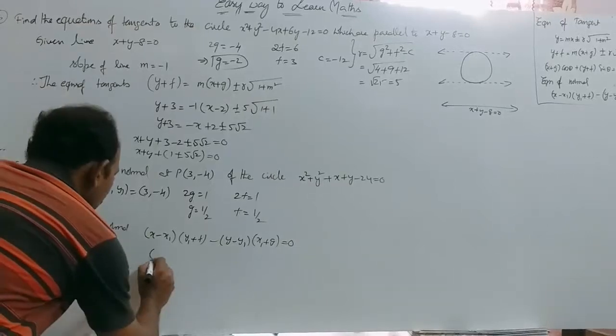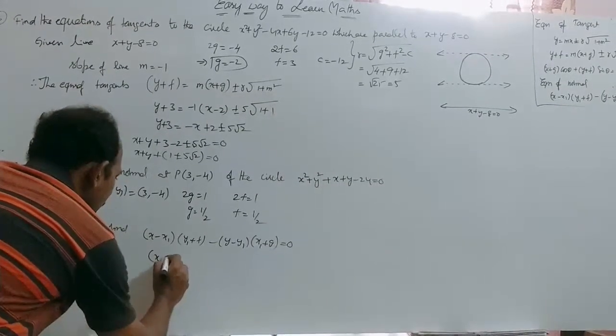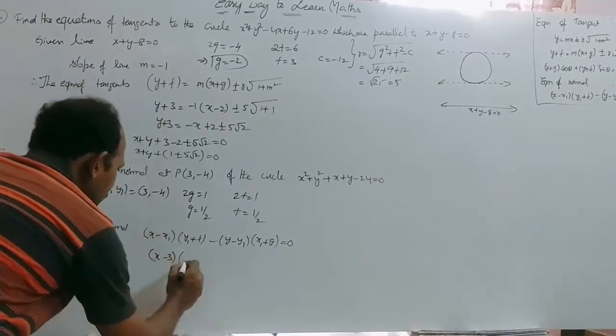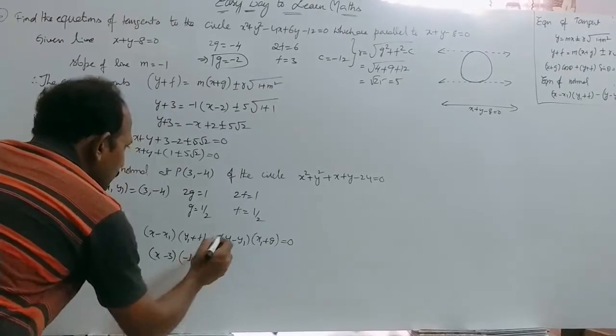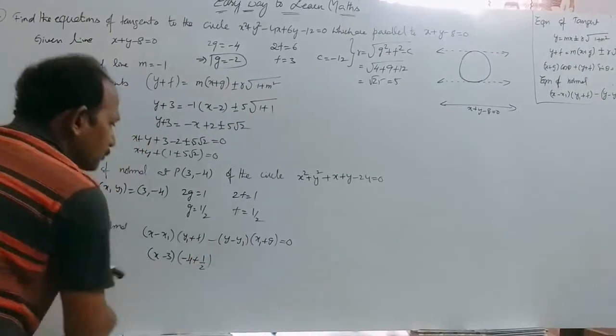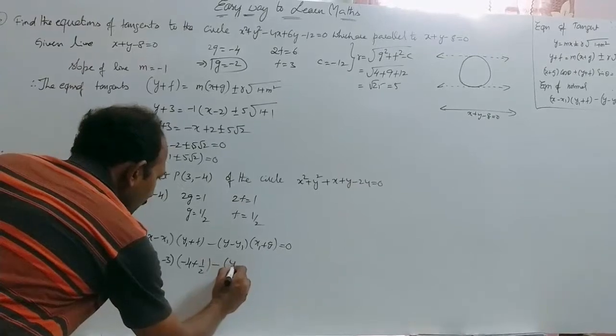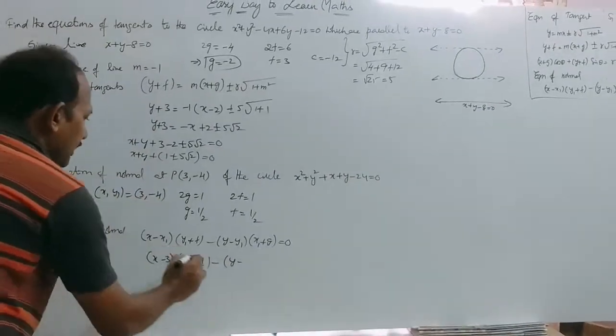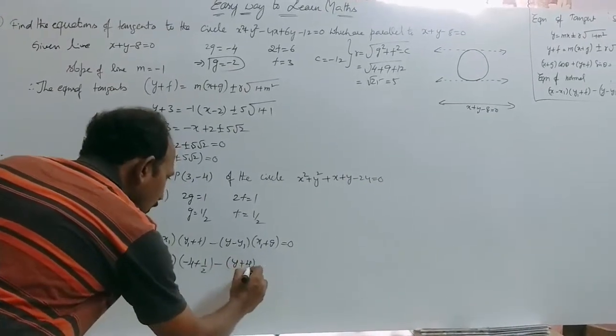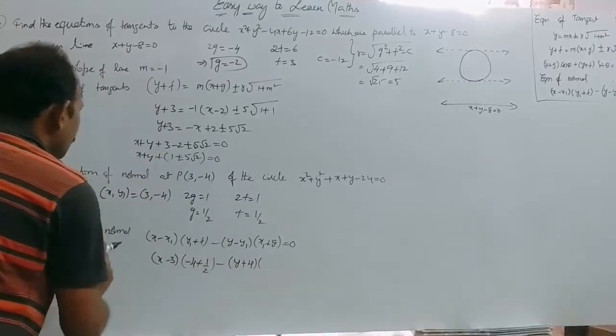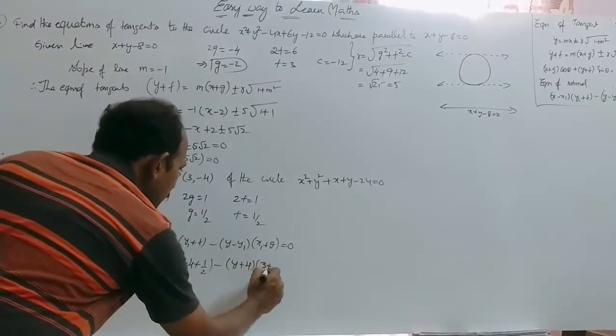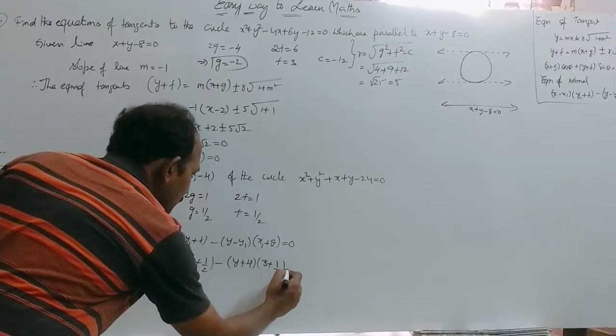Therefore, (x minus 3) into (minus 4 plus 1 by 2) minus (y plus 4) into (3 plus 1 by 2) is equal to 0.